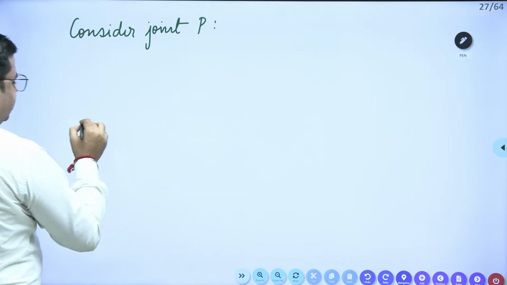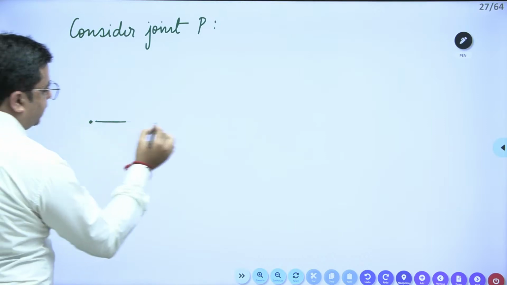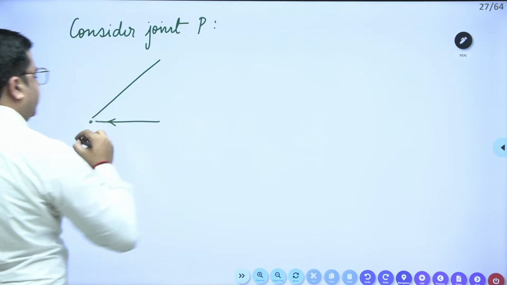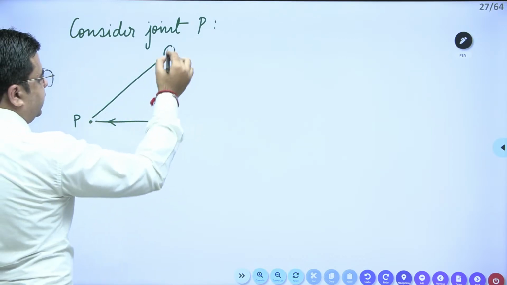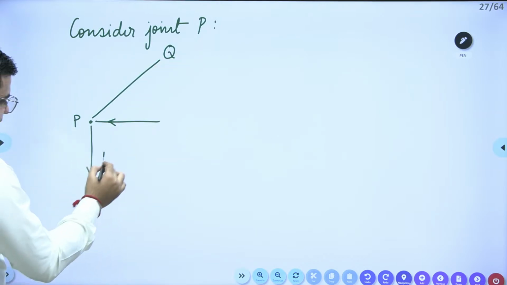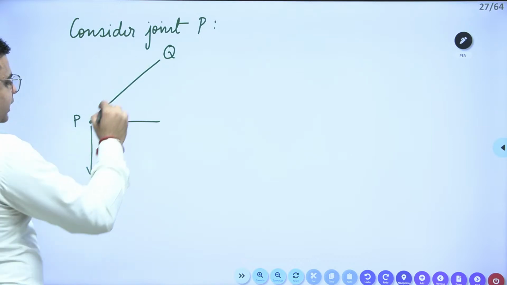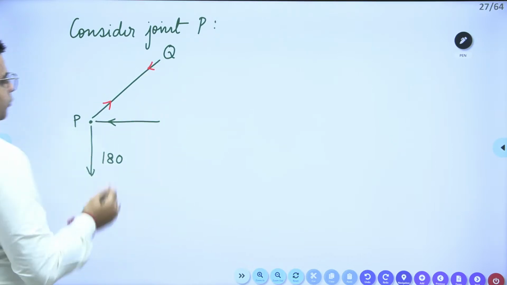For this joint P, I have one compressive force like this, this is my PR, and this is my PQ. And this is my support reaction acting in the downward direction. I will assume the direction of force to be tensile in member PQ.